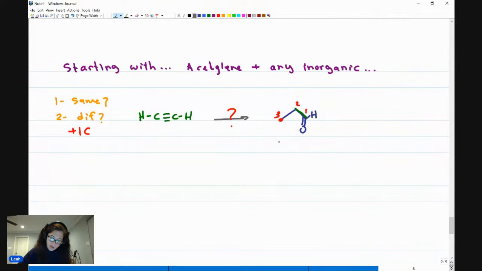So we'll go one step back. I meant to draw this right here. These 3 carbons would have looked like this. And yes, I want you to draw it like this. I do not want to see you drawing it like this.